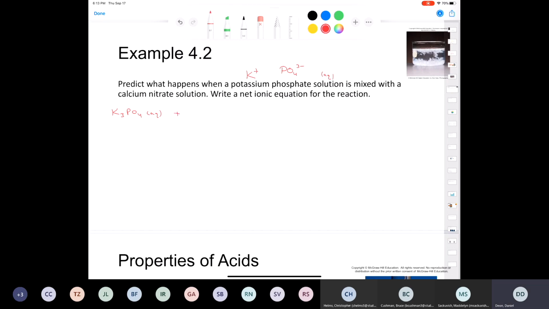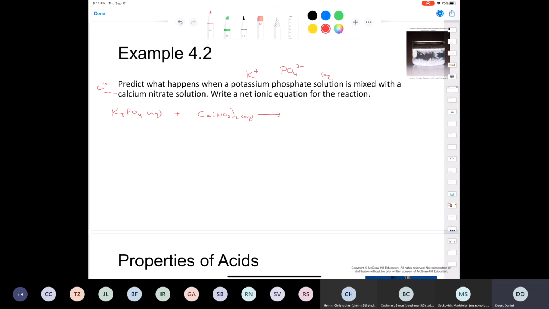Now we're adding it to a calcium nitrate solution. Calcium is Ca2+, nitrate is NO3-, and so we'll write Ca(NO3)2 aqueous.